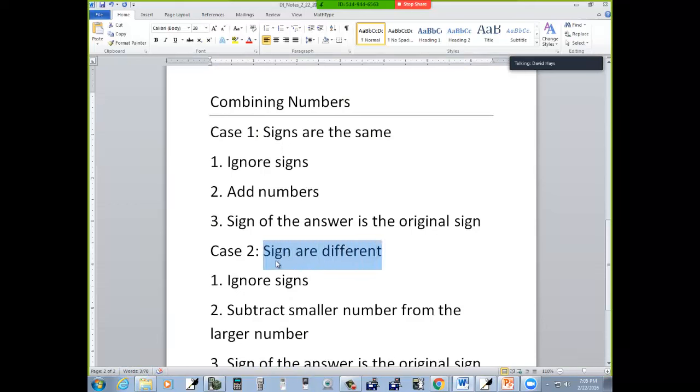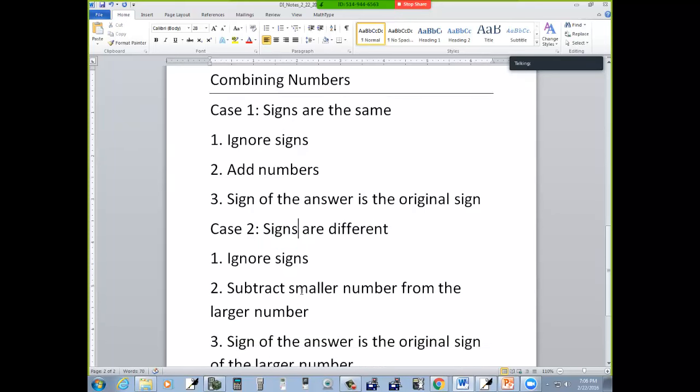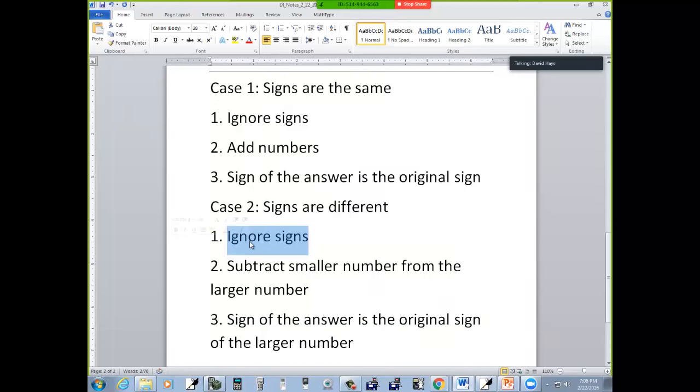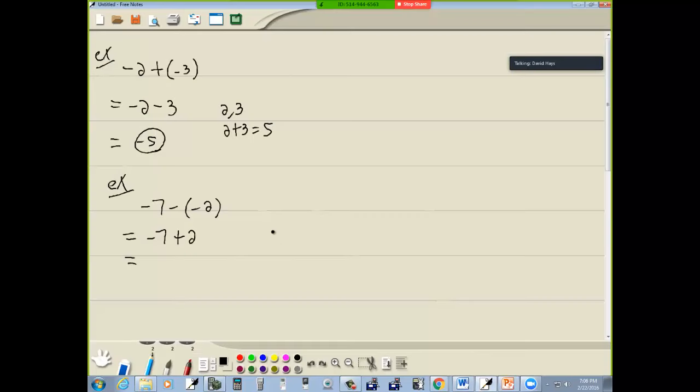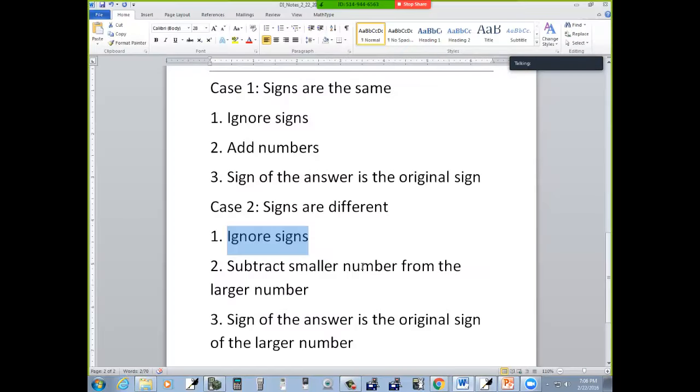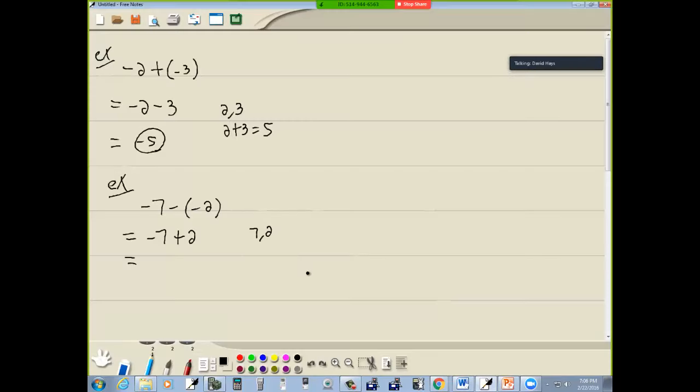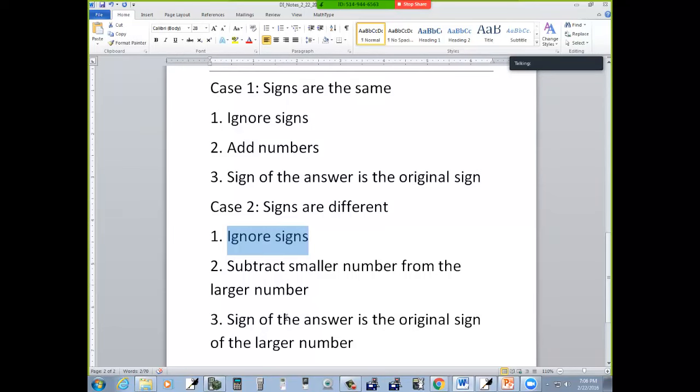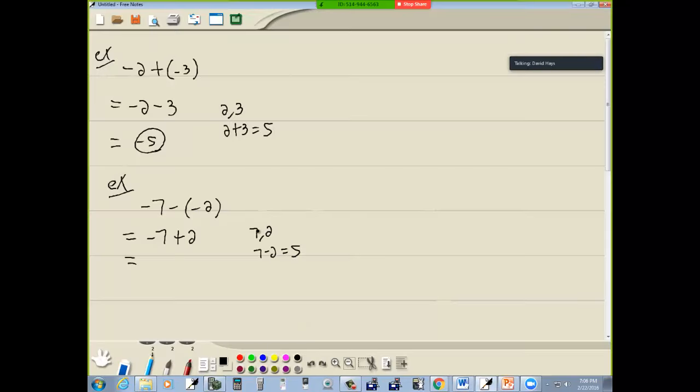Signs are different. So in case 2, we're going to ignore the signs, just like before. So I've got 7 and 2. We're going to subtract the smaller number from the larger number. 7 minus 2 gives us 5. And the sign of the answer is the original sign of the larger number. Our larger number is 7, which originally was negative. So that's going to give us negative 5 for our answer.